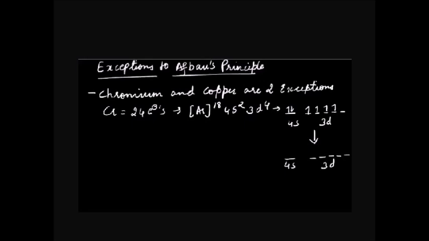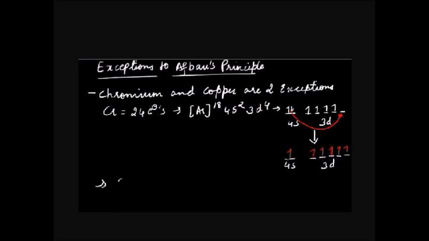Therefore, 4s2 becomes 4s1 and 3d4 becomes 3d5. That is, one electron from 4s moves to the vacant orbital in 3d.